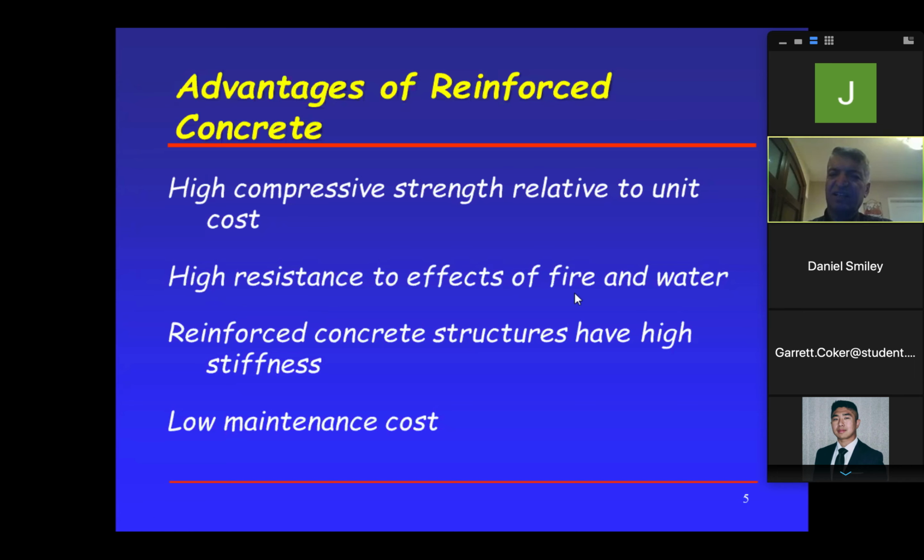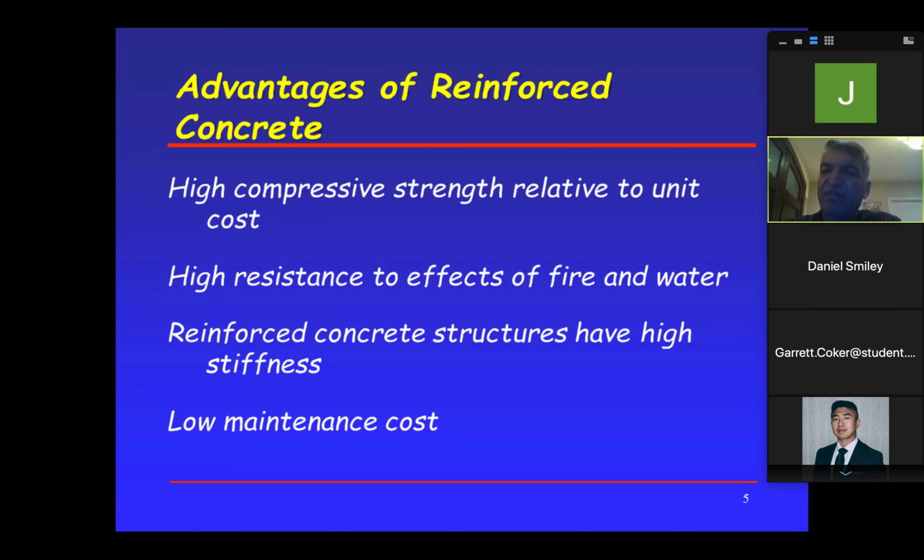Second, fire. It's not easy to burn a concrete building, but it's very easy to burn a wood building. And also steel, under very high temperatures, will yield, it will melt per se. So high temperature resistance is great for concrete. Reinforced concrete structures have high stiffness, very stiff buildings.